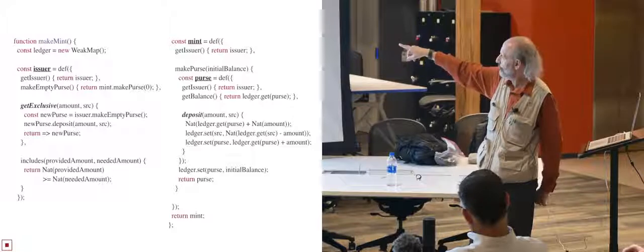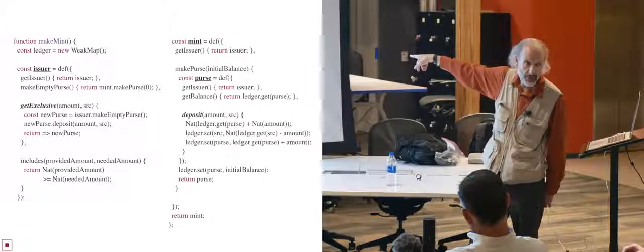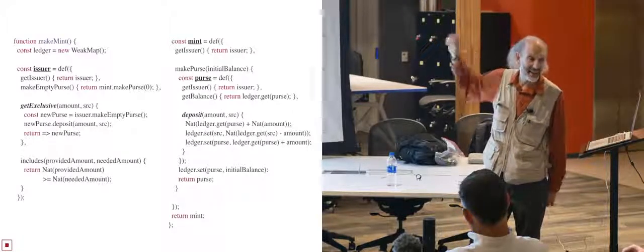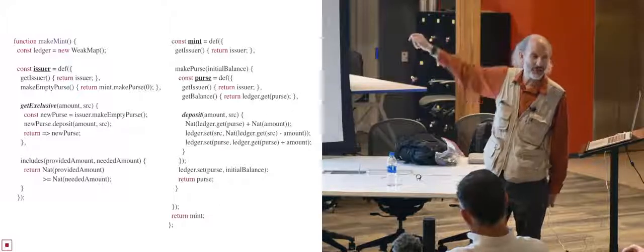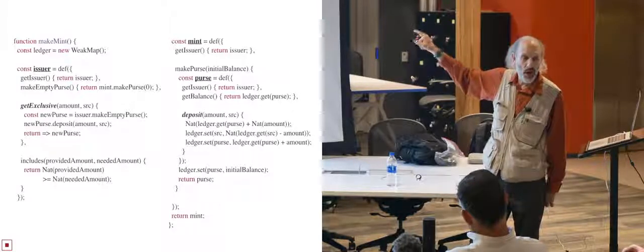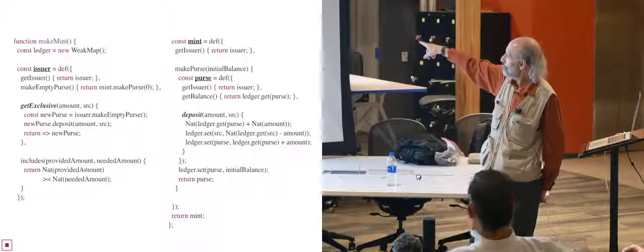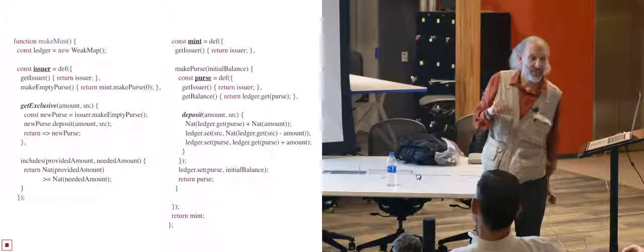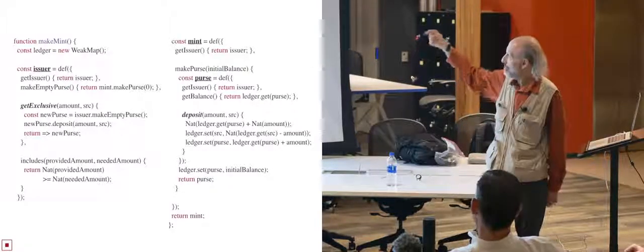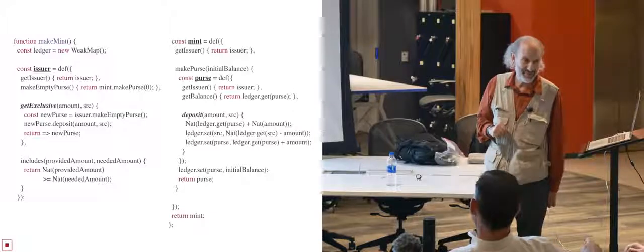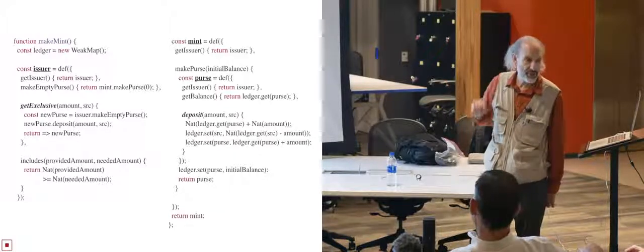It sets this purse's balance to the incremented balance. And I will leave as a puzzle for the audience why I recompute on that last line the incremented balance rather than remembering it from the first line. But that's the atomicity issue.